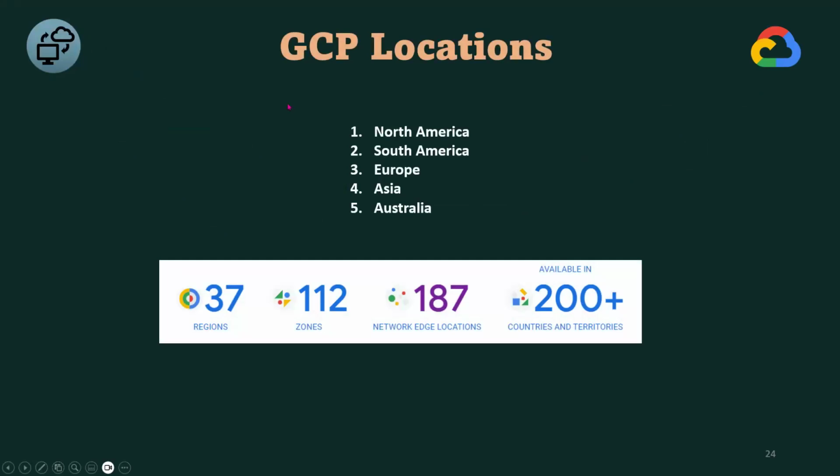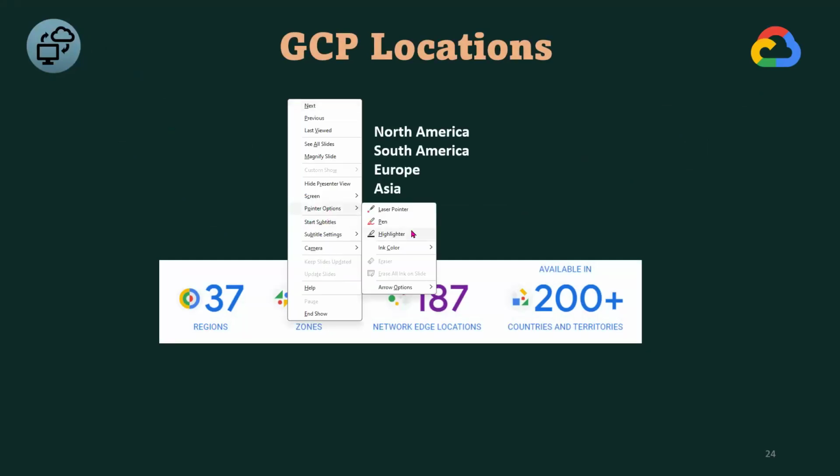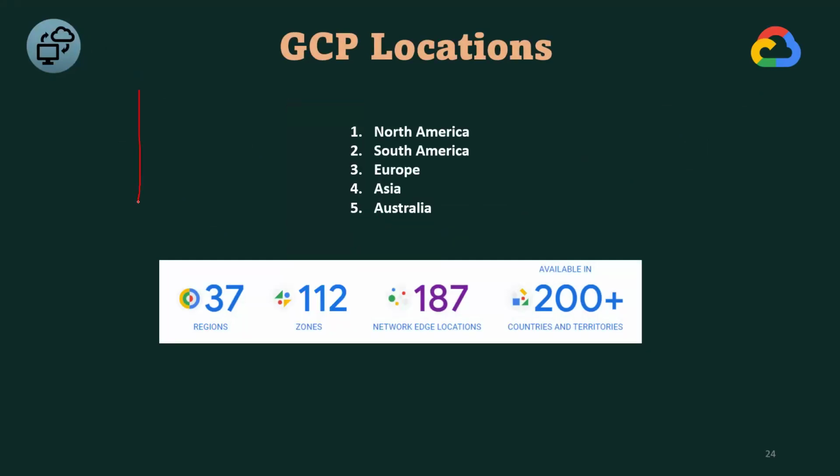Assume that Google has plenty of infrastructure. Google has divided its entire infrastructure into 5 locations. These are the 5 locations, guys. These locations are further divided into regions, and these regions are further divided into zones.